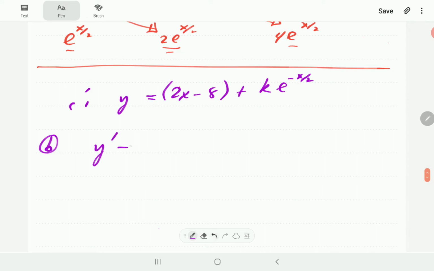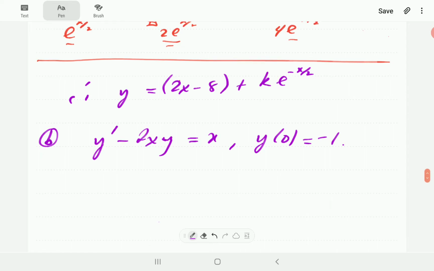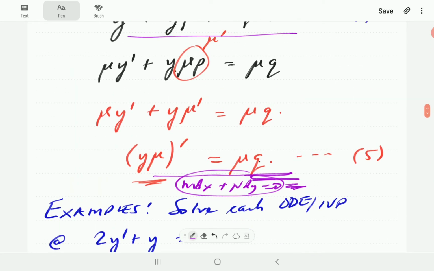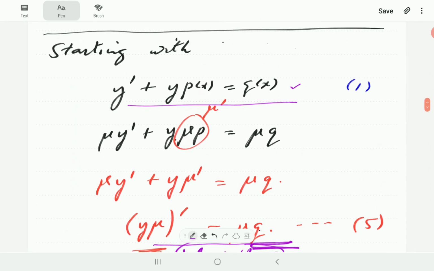B, we've got y prime minus 2xy is equal to x. When x is 0, y is negative 1. This one is already in the standard form, if we're going to call that equation 1 the standard form.